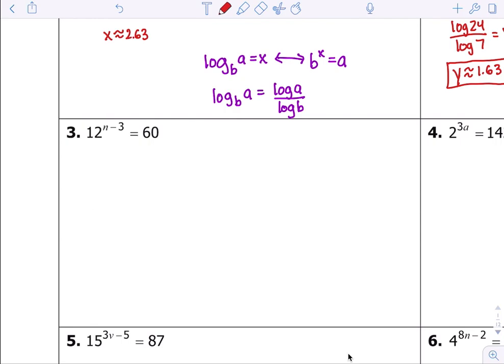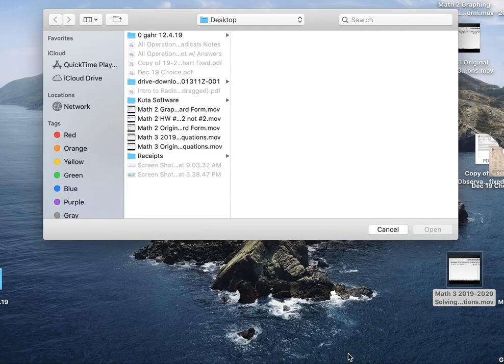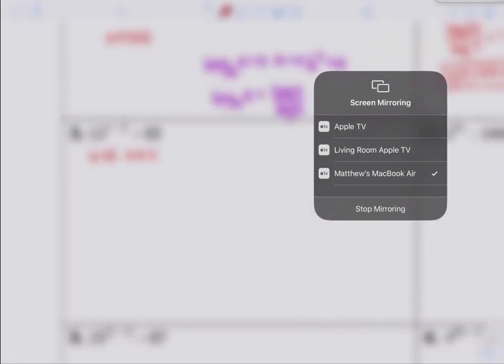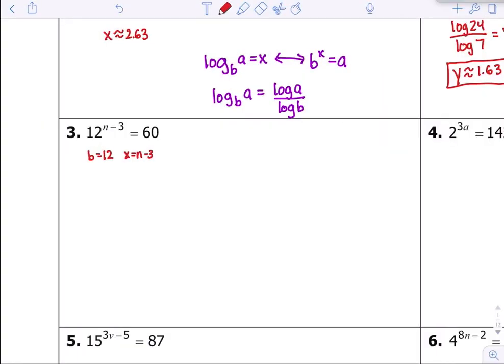Our b value is equal to 12, our x value is equal to n minus 3, and our a value is equal to 60.